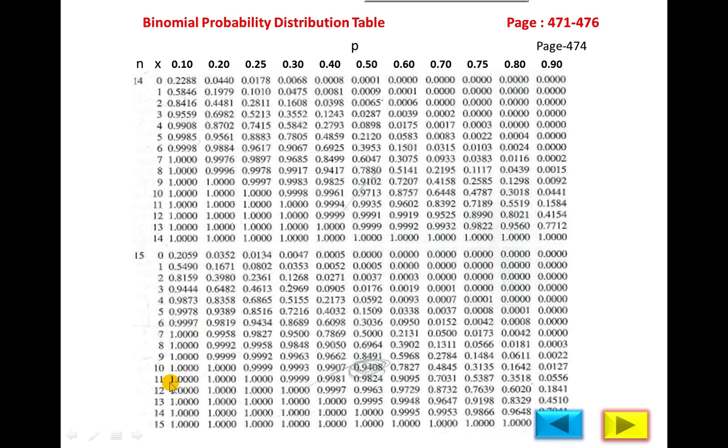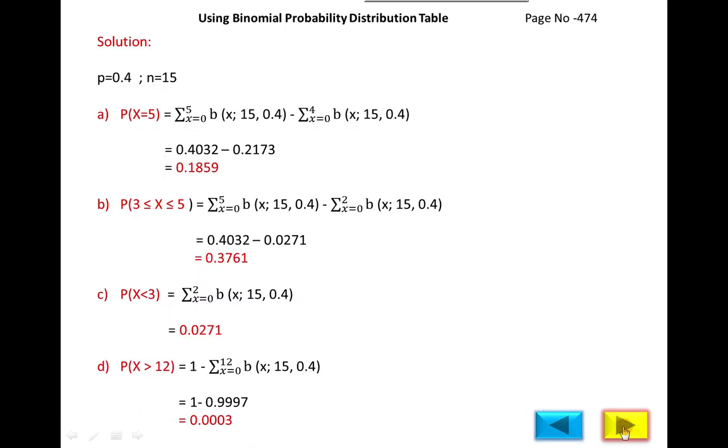Subtract this value, 0.997, from 1, and you will obtain the probability of 13, 14, 15.